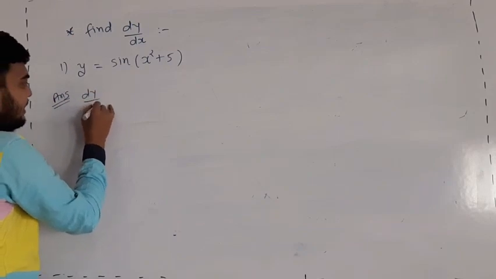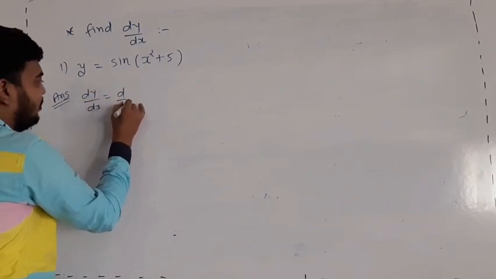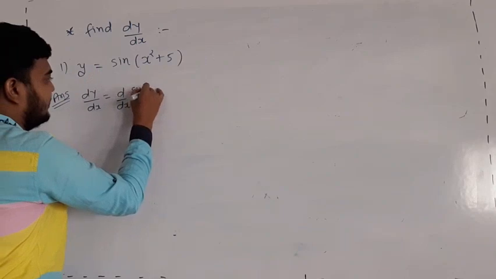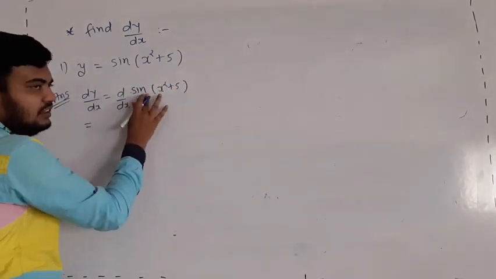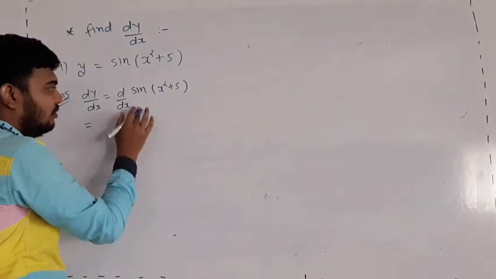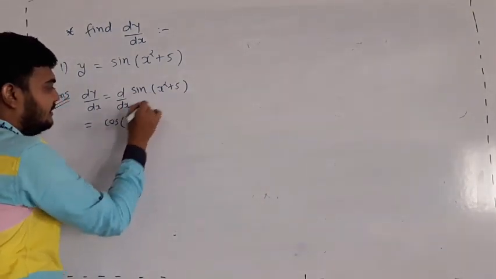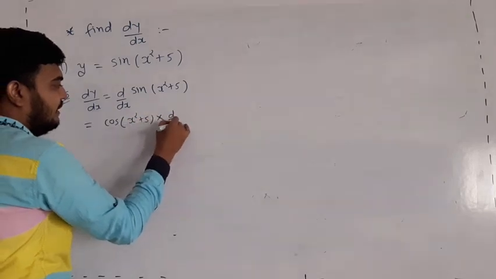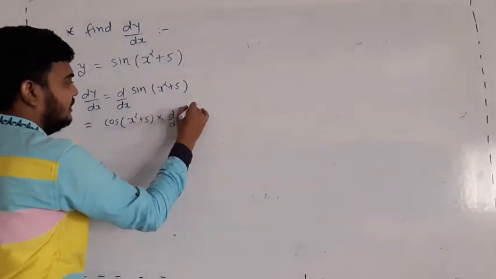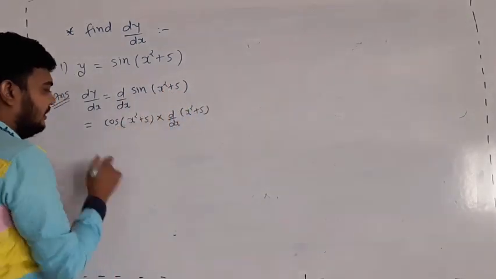So dy by dx is equal to d by dx of, put the value of y, sine of x square plus 5. Here the outermost function is sine, so the derivative of sine is cos. The angle is the same, x square plus 5. Now multiply by d by dx of the inner function. So the inner function is x square plus 5.